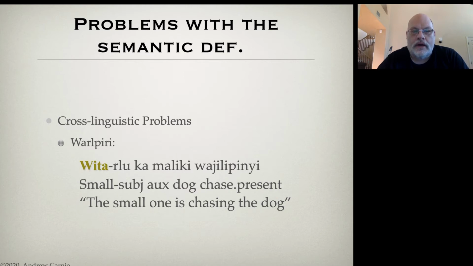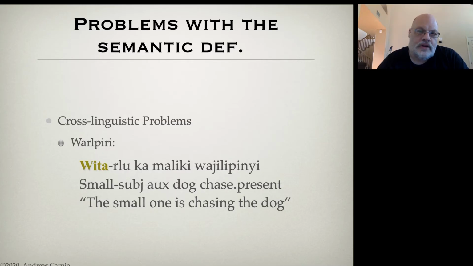In the Quimera example, small was functioning like a verb. In Walbury, the word for small is functioning like a noun. So in Walbury, which is a language spoken in Australia, the word for small can take the subject marker lu, which is always attached to nouns, always attached to subject noun phrases. And here you'll see that the word small is appearing in this position.